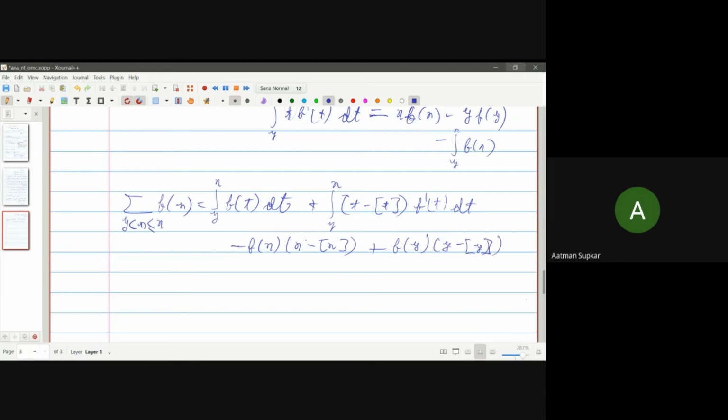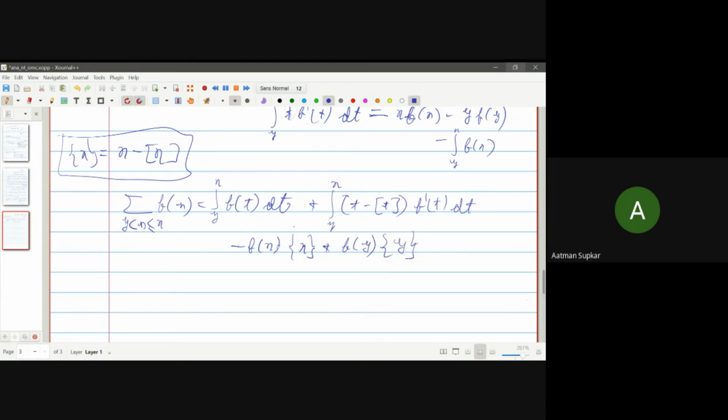It's actually best if you just introduce the fractional part of x equals x minus the greatest integer of x, and we simplify these. Plus f of x times the fractional part of x, plus f of y times the fractional part of y.